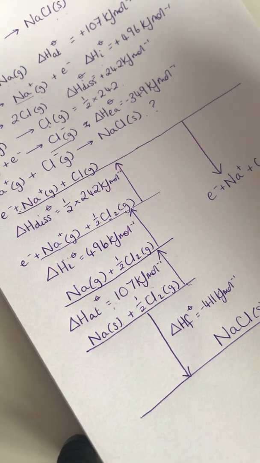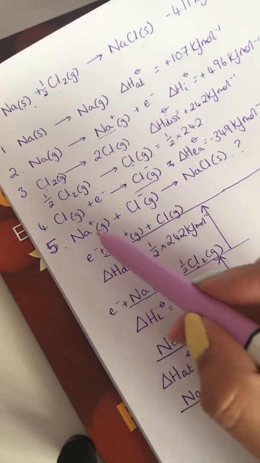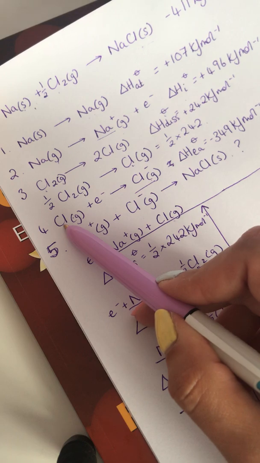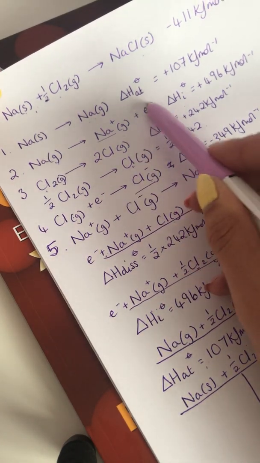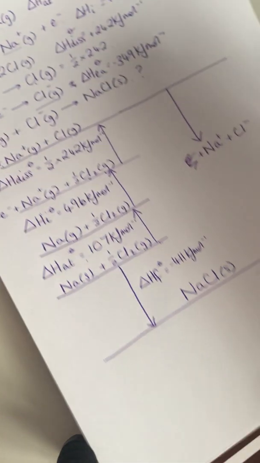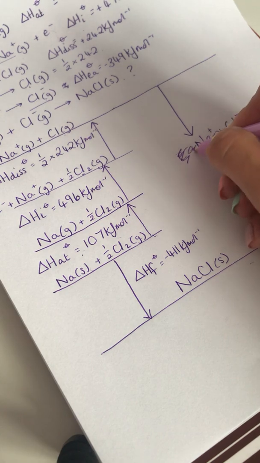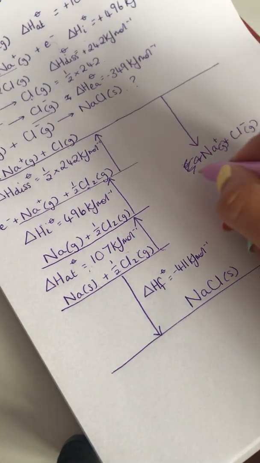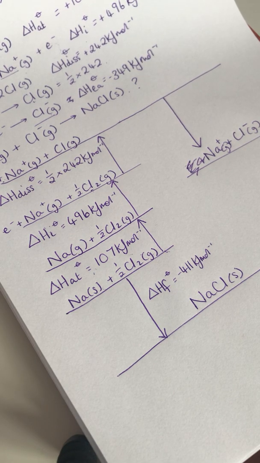Now in this case, I can get rid of the electron, because looking at my equation, I've got Cl atom plus an electron. That electron is going to come from the sodium to make Cl minus. So both of these are going to be in the gaseous state, and I can see that this line is going to be my enthalpy of electron affinity.